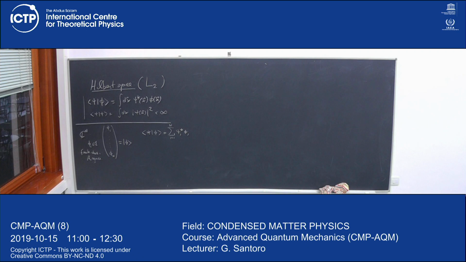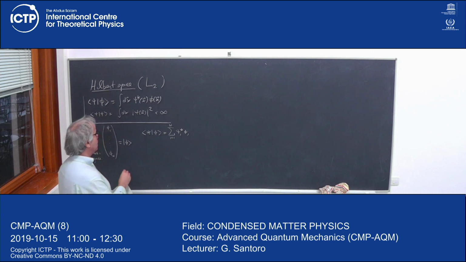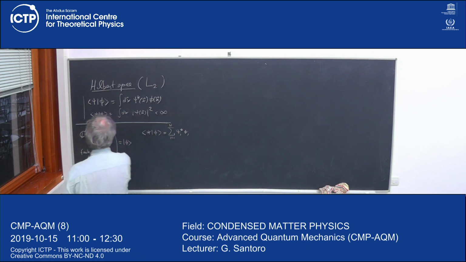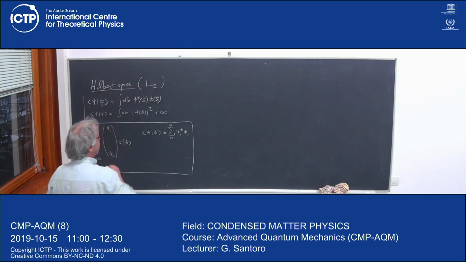If I want the norm of a vector, it's just the sum of the squares of the components of the vector. If I want the scalar product, it's precisely this. Is it clear? Okay, so this is the second example. Infinite dimensional example, finite dimensional example.